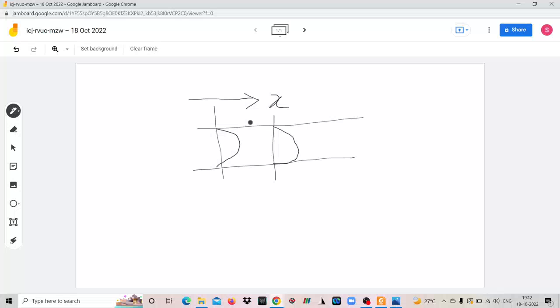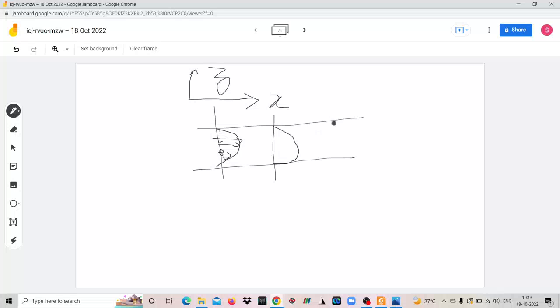If suppose this is the z direction, the flow is not uniform along z direction because along z direction variation is there, right? If you consider these points, then the velocity is different, right? Yes sir. So the flow is non-uniform along z direction, but it is uniform along x direction.